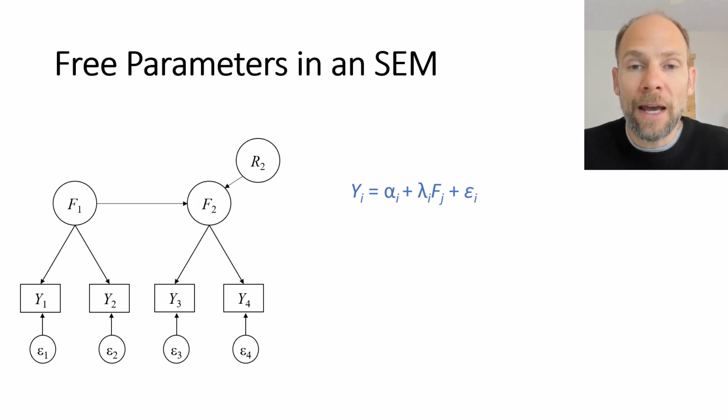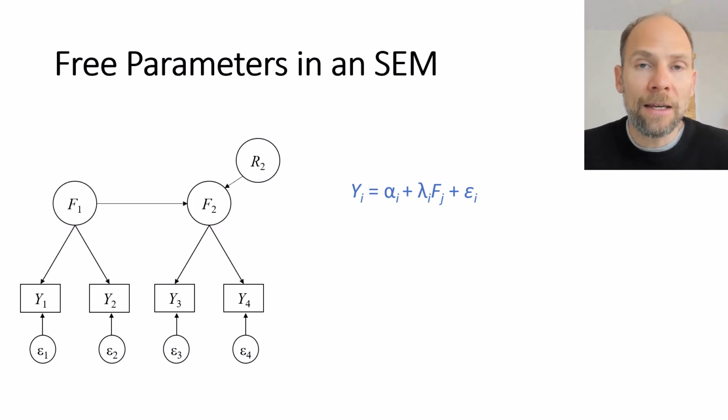So here we have a general measurement equation for the measurement model that says yi, so a given indicator observed variable, is equal to an intercept alpha i, that's an additive constant, plus lambda i, that's a factor loading or multiplicative constant, times the given factor that this variable measures, fj, plus an error term epsilon i.